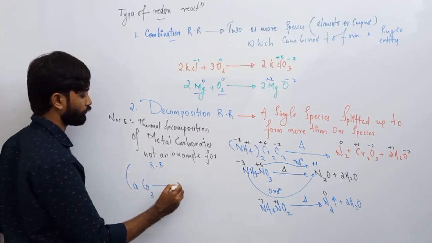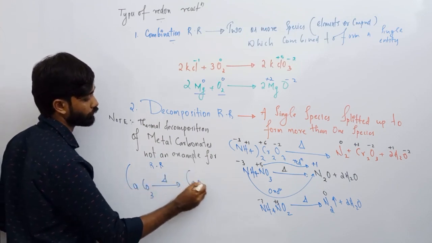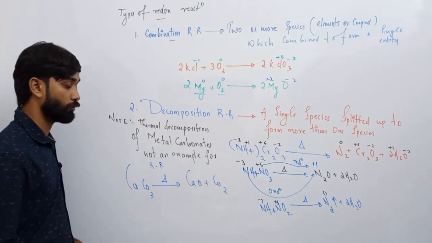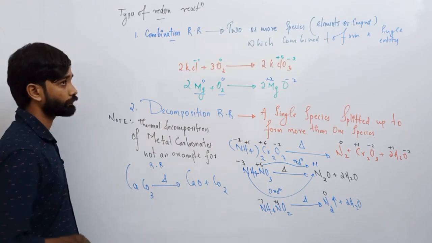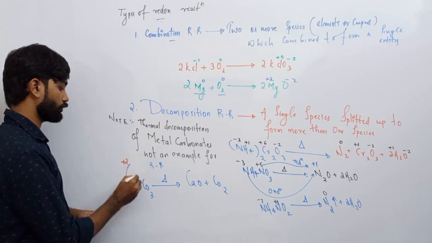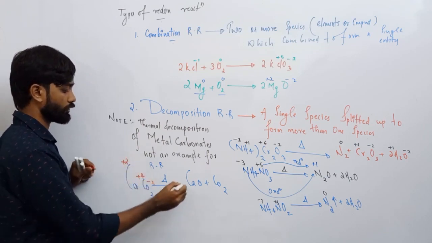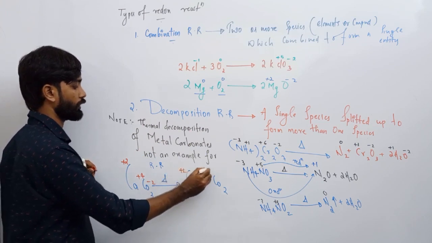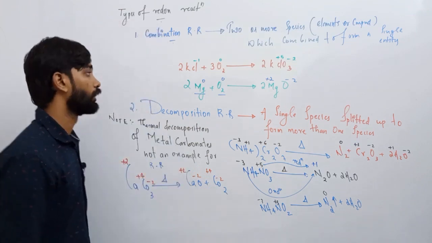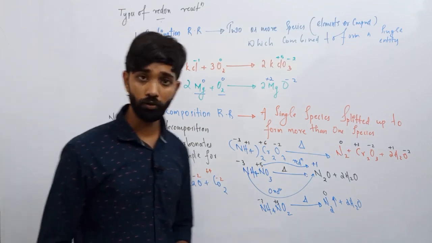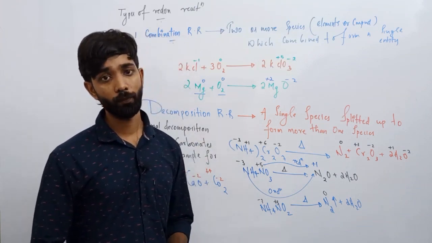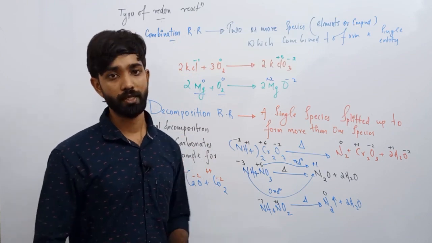Listen. We have the thermal decomposition of calcium carbonate, which decomposes to form calcium oxide and CO2. Considering the oxidation states, calcium is +2, carbon is +4, oxygen is -2, on both sides. So there is no change in oxidation state. This is only an example for a decomposition reaction and not an example for a decomposition redox reaction.